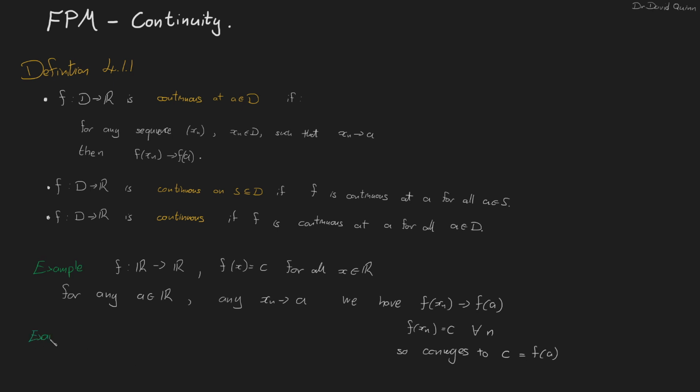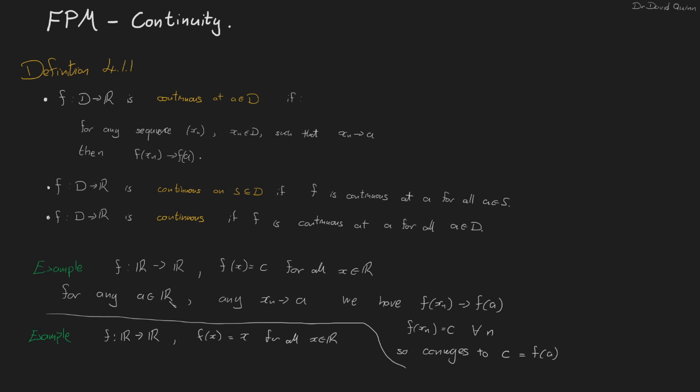In a similar vein, slightly less trivial, but again part of the same idea, if I take the function no longer constant, but what you might call the identity function, so f of x is equal to x for all x in the reals. In this case we do the same thing.